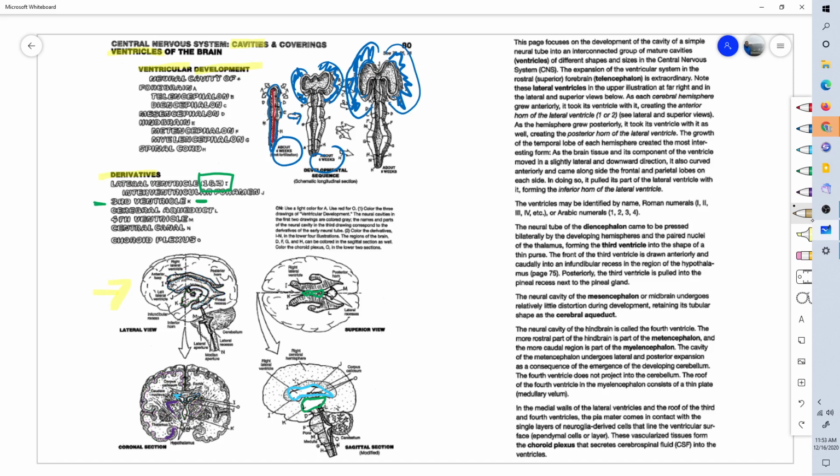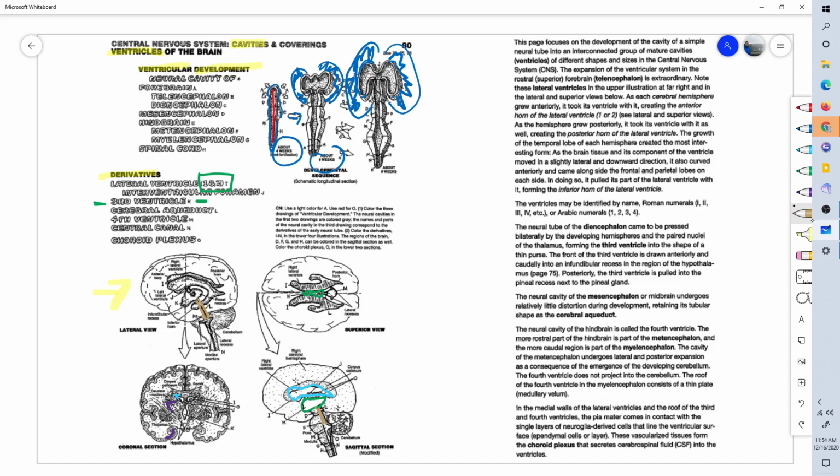Now, running through this area of the brainstem, below the third ventricle, there's a little tube called the cerebral aqueduct. There's no ventricle, there's no big open space there. In this area, it's simply a tube running through the brainstem.